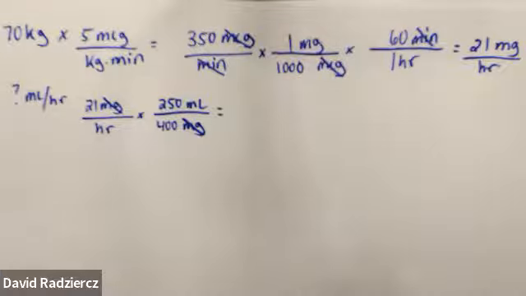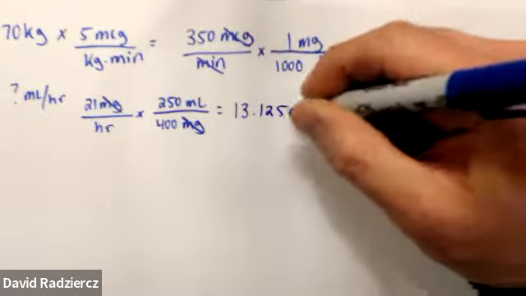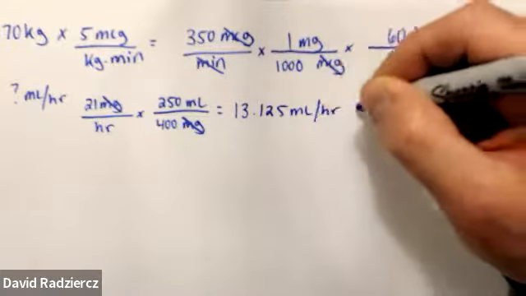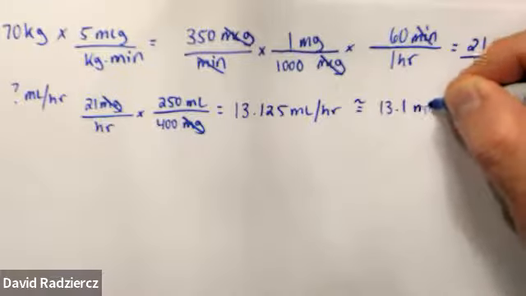Now I just got to plug it into the calculator the right way. So 21 times 250 divided by 400. And that's where you get 13.125 milliliters per hour. And I'm going to tell you, I think you should round that to the nearest 10th, to 13.1 milliliters per hour.